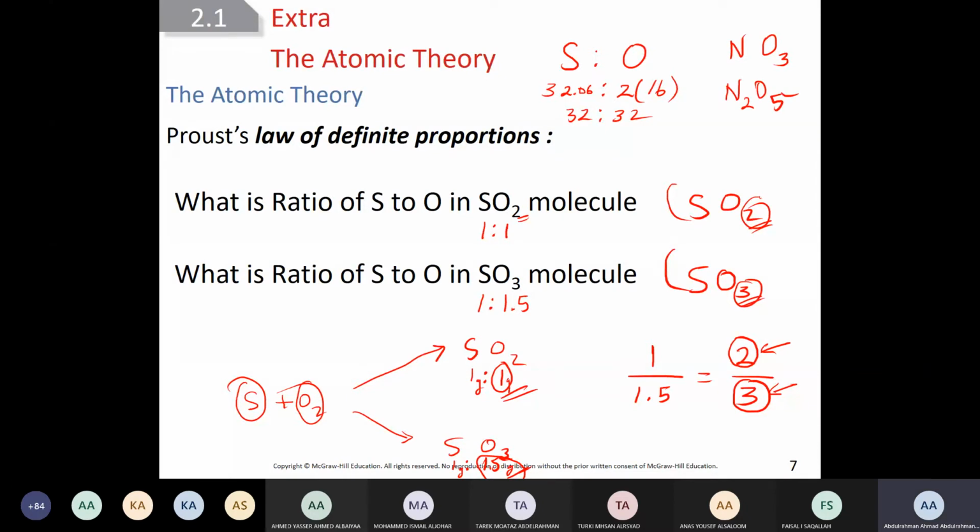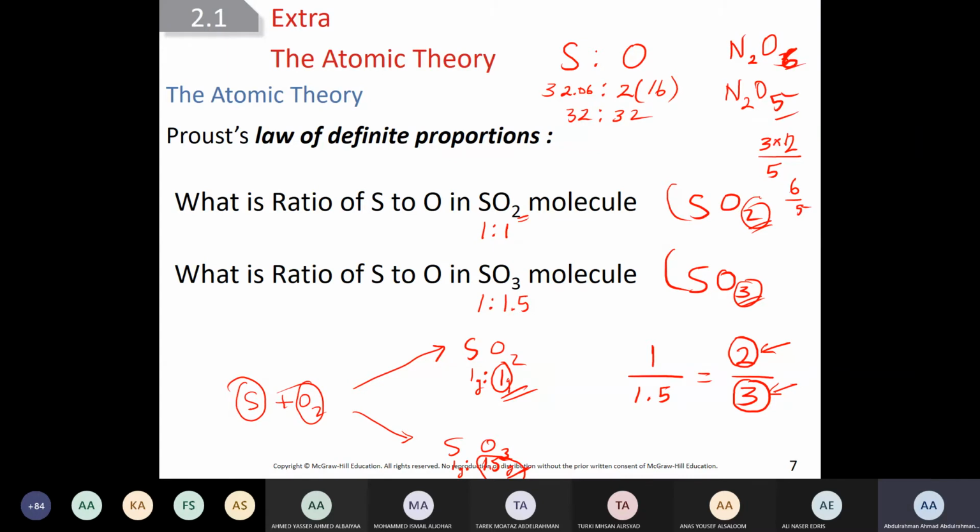If I have these two compounds, what do you expect the ratio of the amount of oxygen that will react with nitrogen in this case to be? 3/5. No, not 3/5. 6/5. Is this clear? Why? Because this is N2. What did I do? I made this N2O6. Now I can compare, and the ratio will be 6/5.